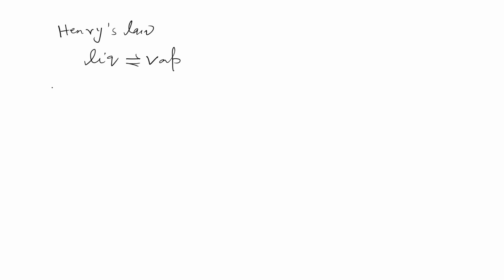See, we know that the chemical potential of the component, say ith component in the liquid state, is given by the expression mu I liquid state in the standard condition plus RT ln Xi, where Xi is the mole fraction of the ith component in the solution.